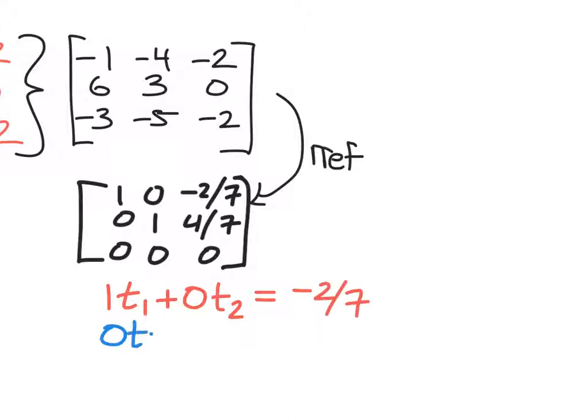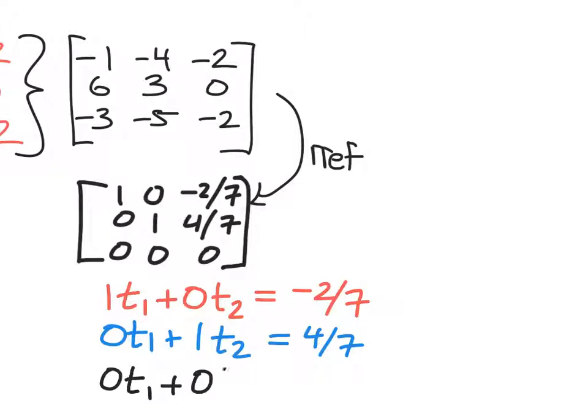And then 0t1 plus 1t2 would be equal to 4 sevenths. And then the last row, I'll write it, but you'll see very quickly that it's not very meaningful in this context. 0 T1 plus 0 T2 is equal to 0.